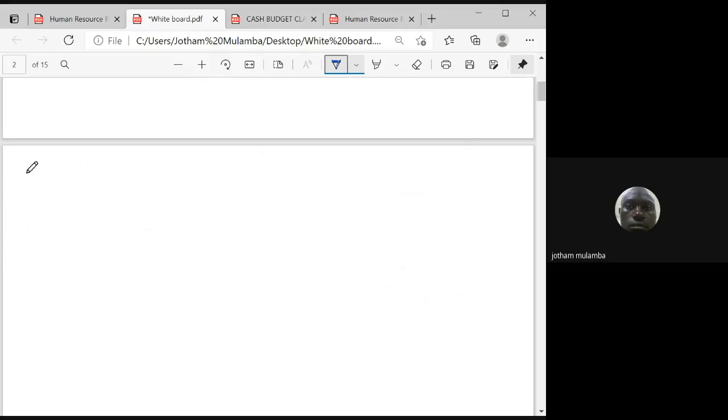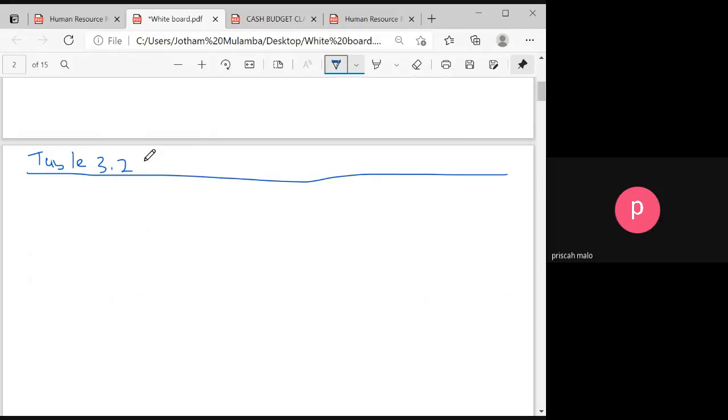Then you'll also come up with a table. So now this will be Table 3.2, and it's called Sample Size.